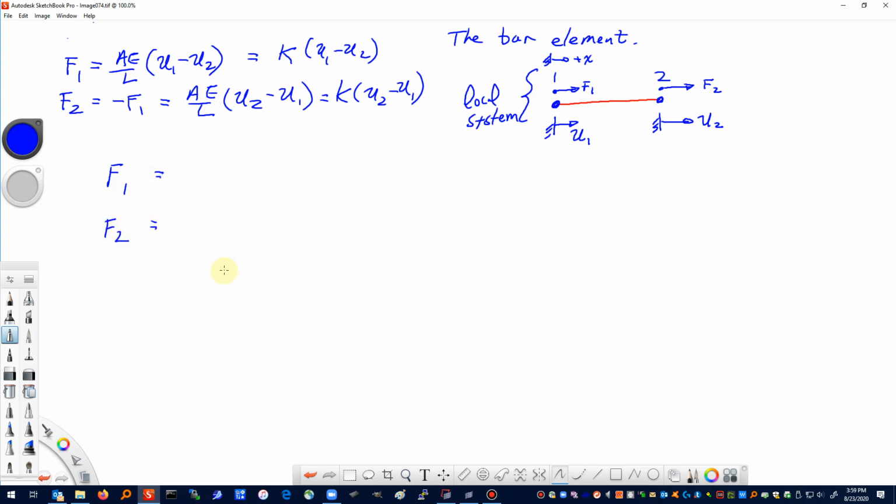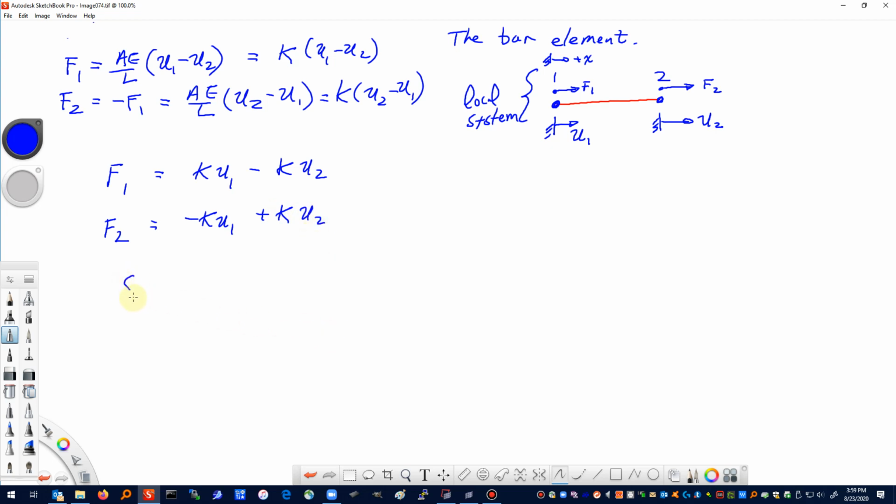We'll write the equations out, then we'll write the matrices. In terms of the spring stiffness K, or the rod stiffness K, we're going to have a K U1 minus a K U2, and here we're going to have a minus K U1 and then a plus K U2.